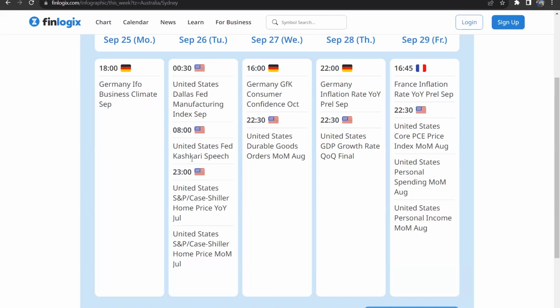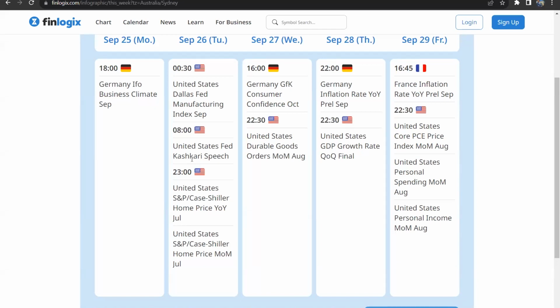On Wednesday, we're going to have Germany GfK consumer confidence, so very important for Euro. Pay attention to that at 4 o'clock on Sydney time. And then at 10:30, we're going to have durable goods orders month-over-month for August for the US dollar.